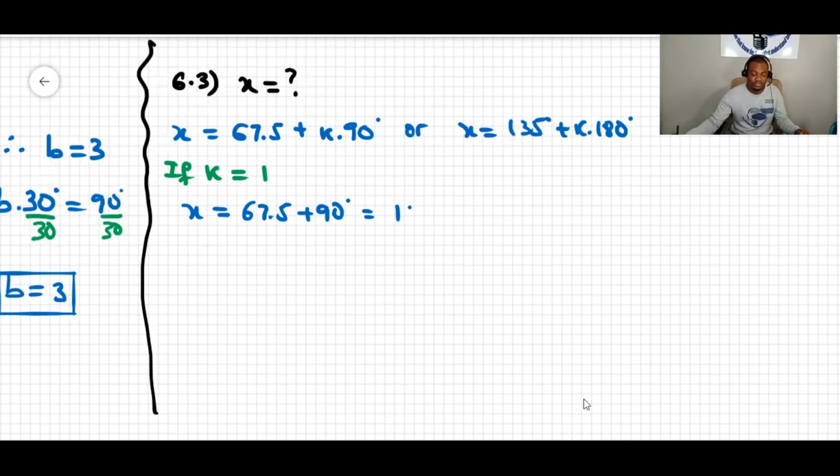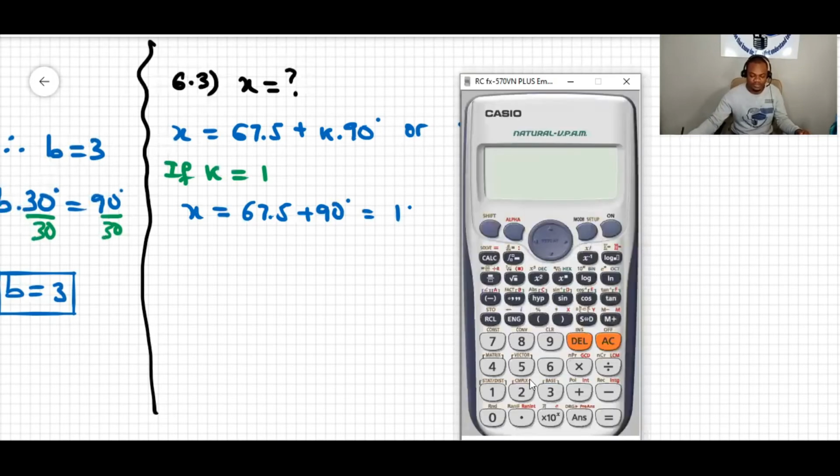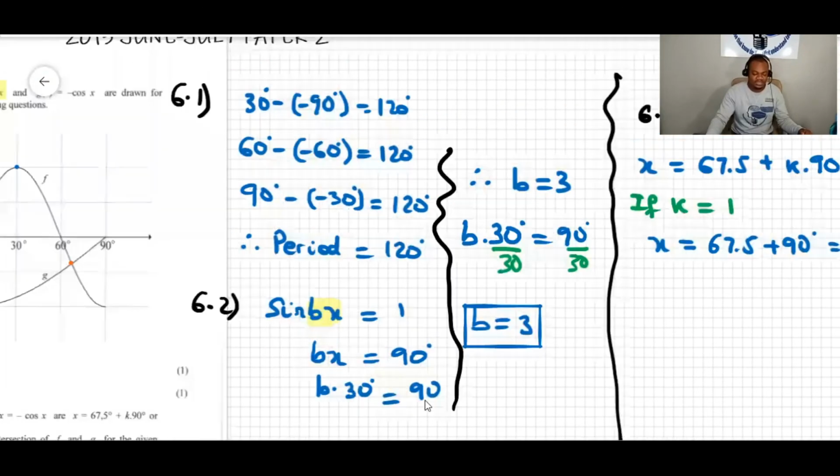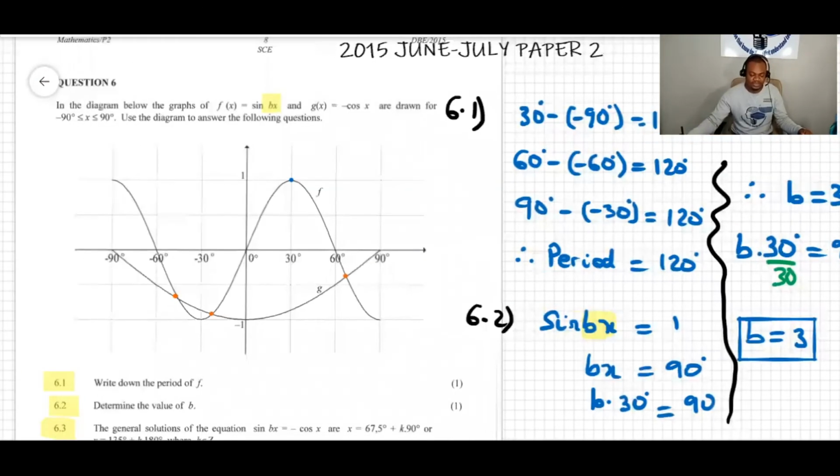On the calculator, 67.5 plus 90 is equal to 157.5 degrees. But this answer is beyond the limit, because in the question it is said that x is between negative 90 degrees and 90 degrees. So 157.5 is already beyond the limit. You can also see in the diagram that the lowest limit is negative 90 degrees and the upper is 90 degrees. So we cannot take a value like 1.